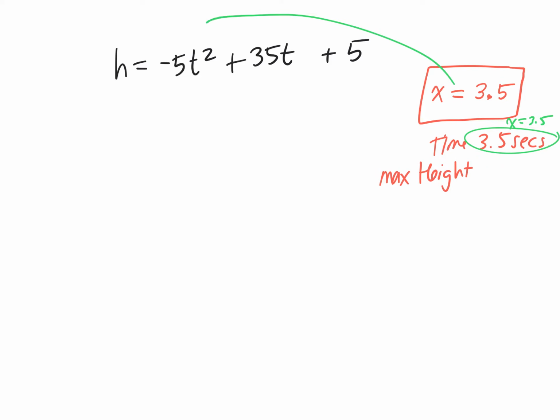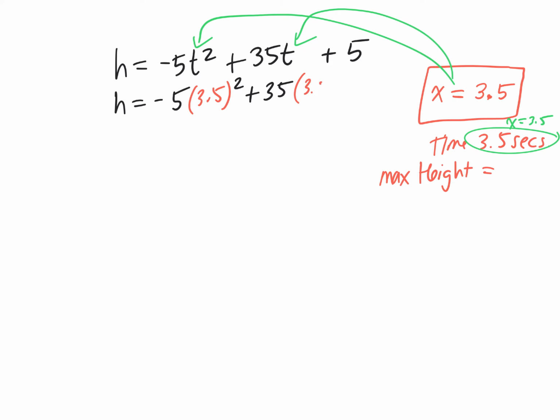So all we have to do is plug it in for t. Our x variable represented time, and we're going to find the height. So we're just going to plug it in. -5 times 3.5 squared plus 35 times 3.5 plus 5, and make sure you're doing this first: 3.5 times 3.5, then you multiply it by -5.